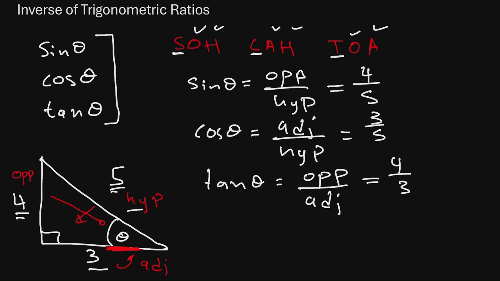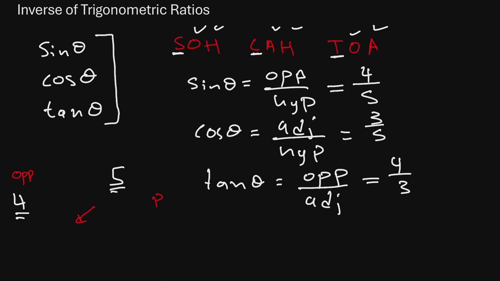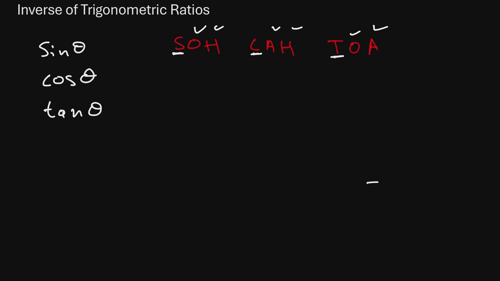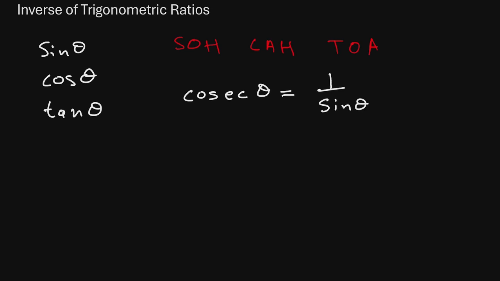So in this video, we are going to introduce the inverses of these ratios. So we have cosec theta, we have sec theta, and lastly we have cot theta. Cosec theta is the inverse of sine, so it's going to be 1 over sine theta.